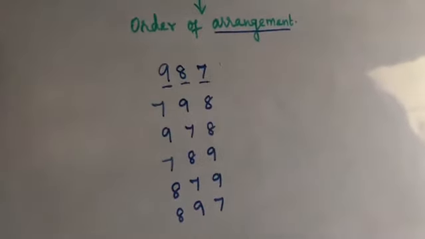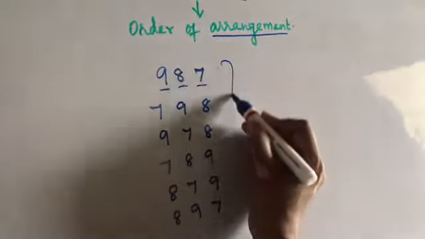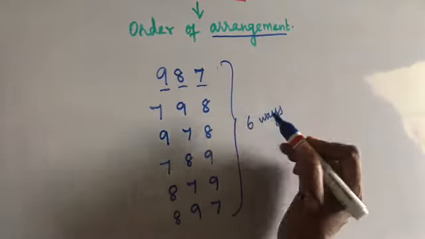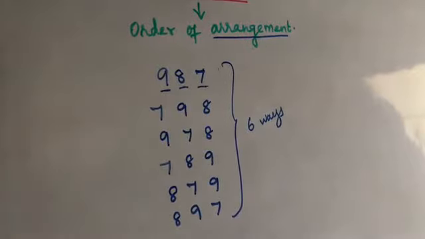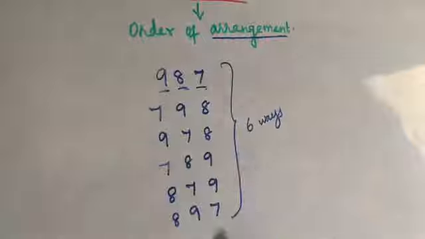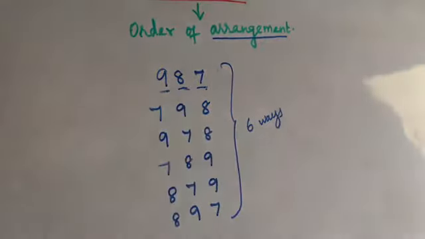That's it. Okay, so here these are all the 6 arrangements I can make. In 6 ways I can write the 3 digits. But I have to use my exact arrangement, exact value to unlock my suitcase.